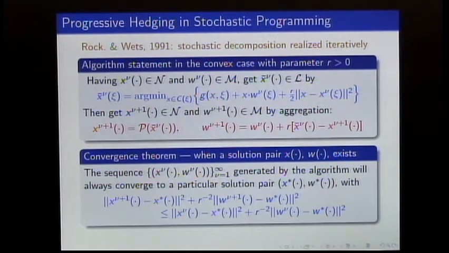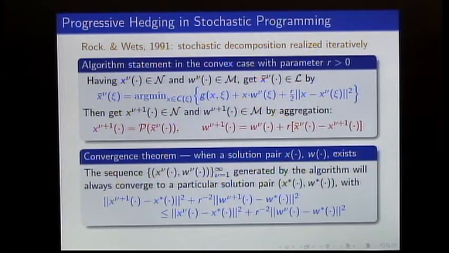All right, now, after you have solved that for each scenario, you've gotten a function in L, because you have computed separately its value for each scenario. And now we're going to get the update of our x and w, and the x will be in N, and the updated w will be in M, and we do this by this aggregation, which is a term we're using for this projection.